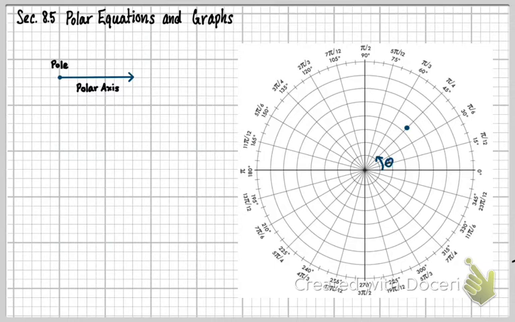And then we would think about drawing the terminal side of that angle. And we can see that that theta is 45 degrees from here. So then if I drew these sides and created a triangle here.